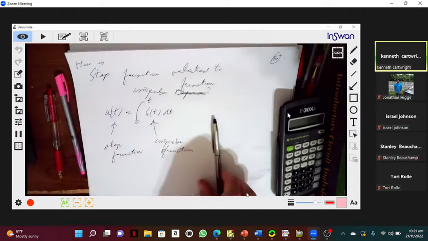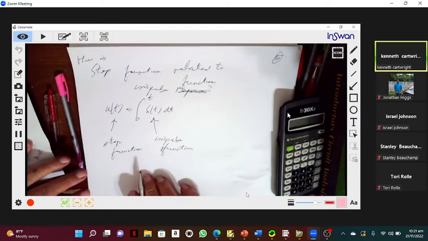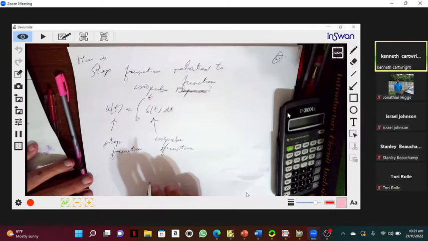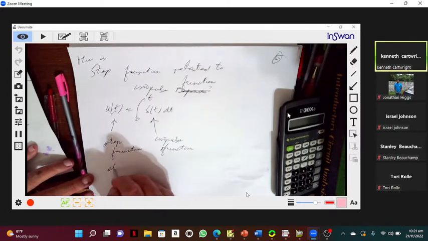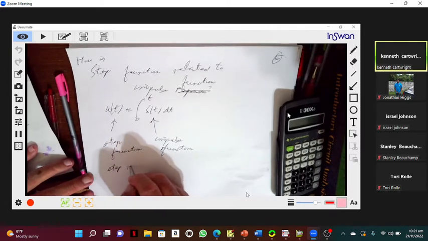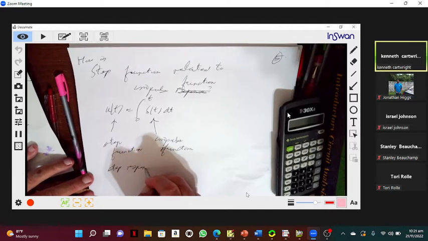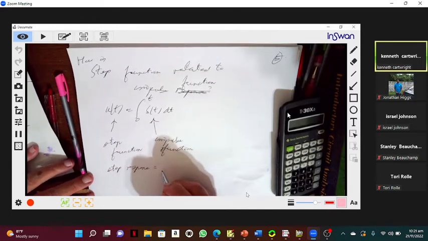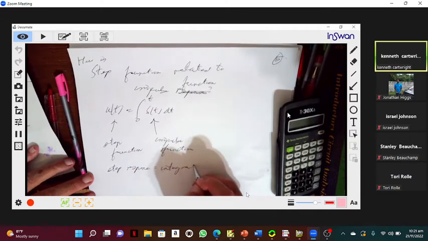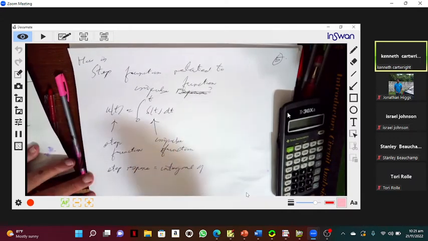Now, similarly, the step response is the integral of the impulse response.